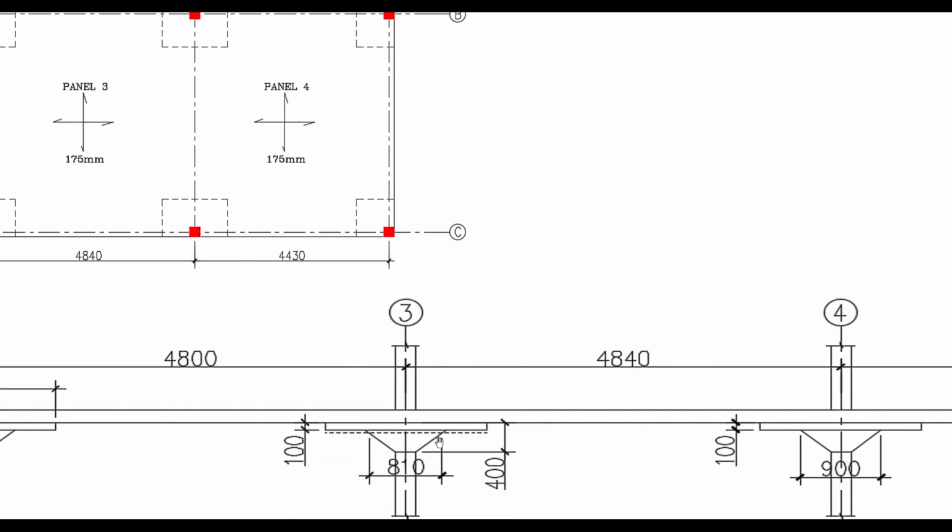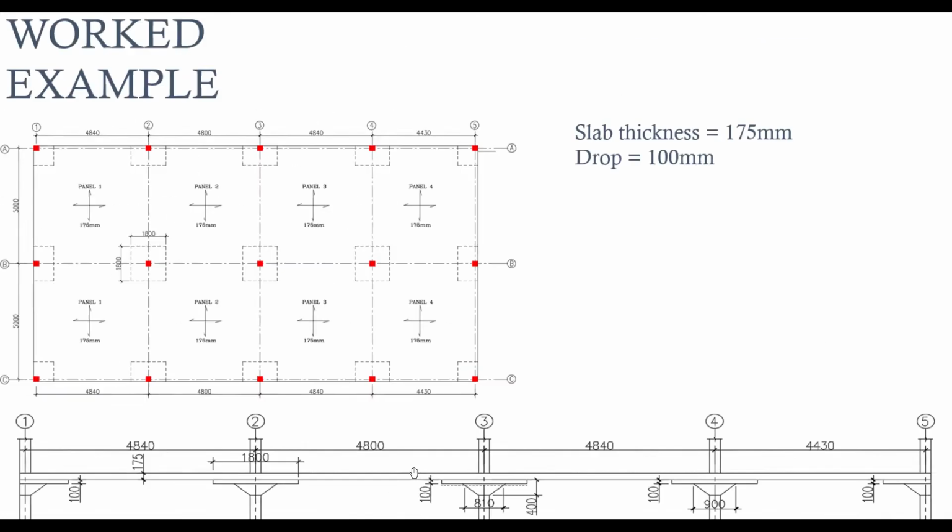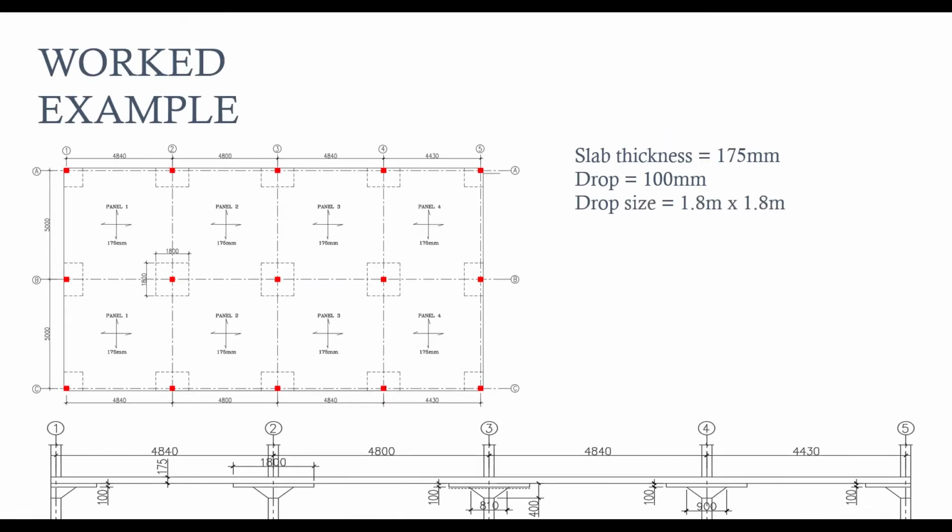So from here, the actual column head is 810 millimeters. The drop panel has a size of 1.8 by 1.8, and also the column head type is a flare. That's a flare in the sense that when you look at the column head from the plan view, you are going to be seeing a circular cross section. And then the overall column head diameter is 900.